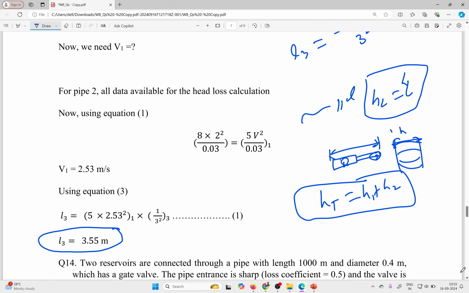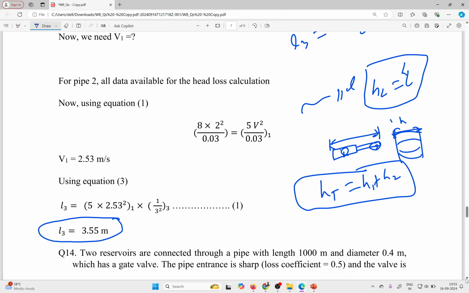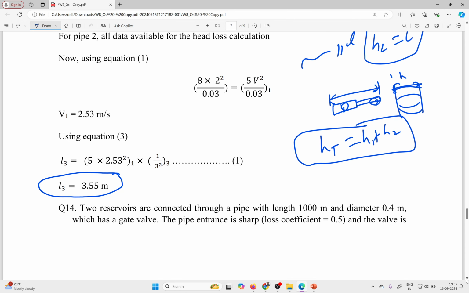Now moving ahead to question number 14. Two reservoirs are connected through a pipe with length 1000 meter and diameter 0.4 meter, which has a gate valve.